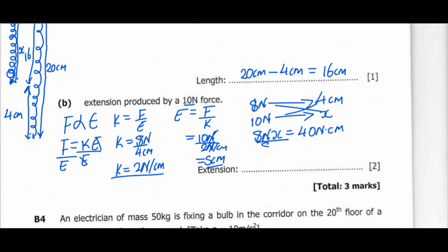Then we divide by 8 newtons on both sides. If we divide here, we get 5 centimeters, because 8 into 40 will give us 5 centimeters. So this is what we can answer here.